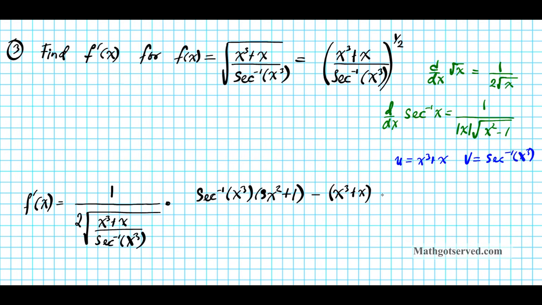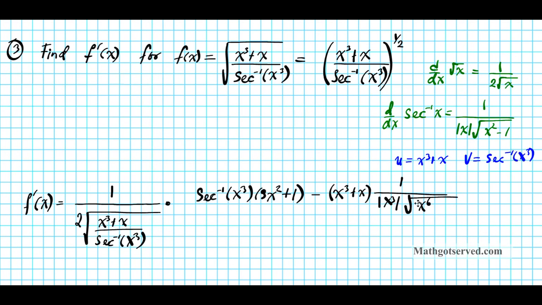That v prime is going to be, we're going to be using a chain rule here. So first of all, we have 1 over the absolute value of u, which is x to the third, times the square root of x to the third squared, simply x to the sixth, minus 1.